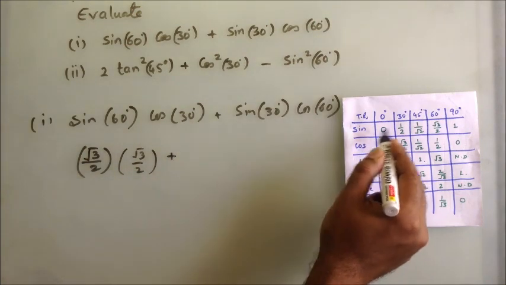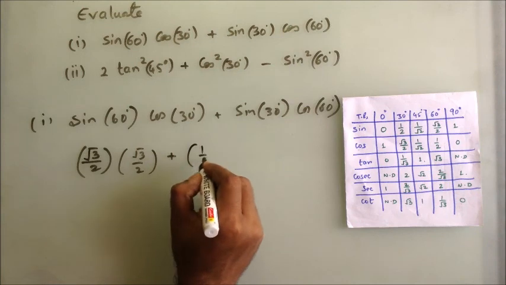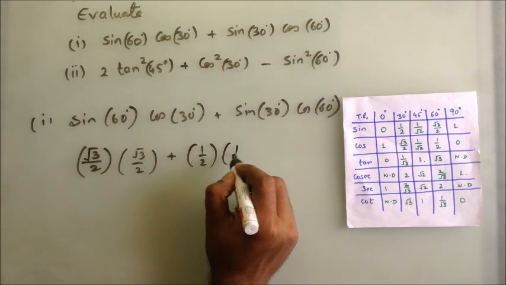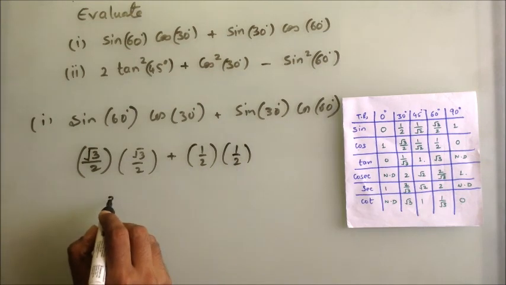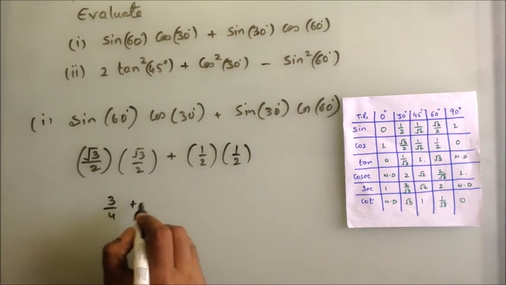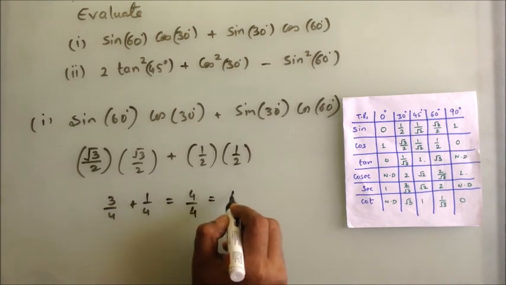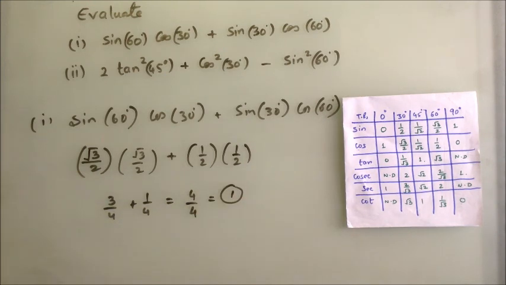Sine of 30 is half, and cos of 60 is again half. Simplifying, this would be 3 by 4 plus 1 by 4, which is 4 by 4. Hence the answer for the first part would be equal to 1.